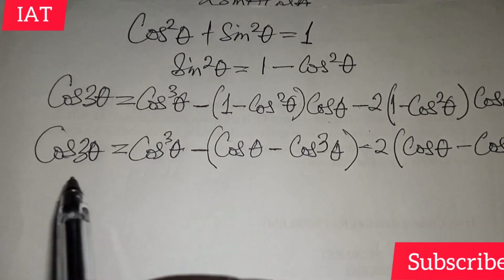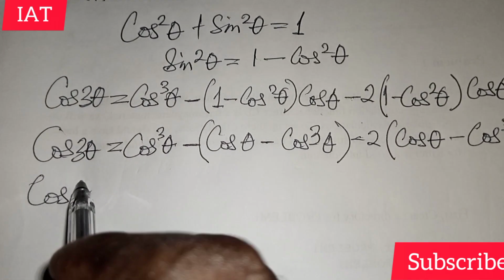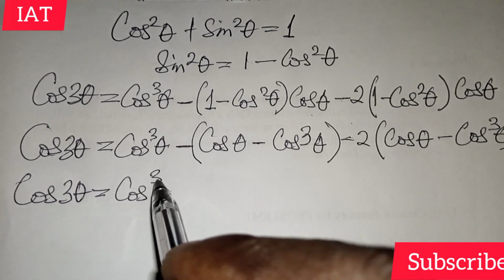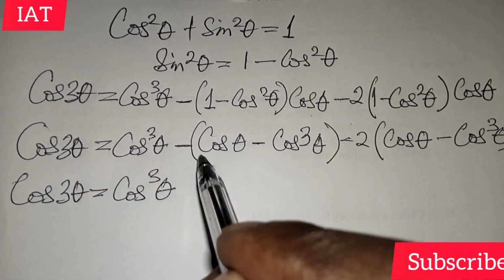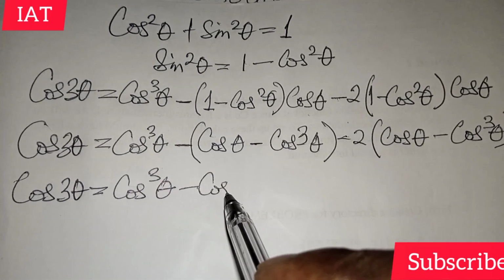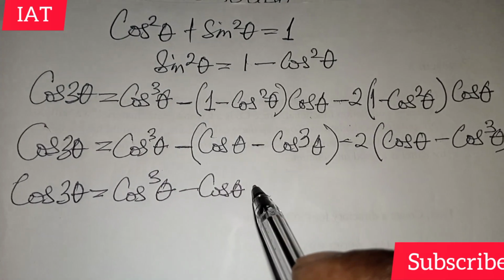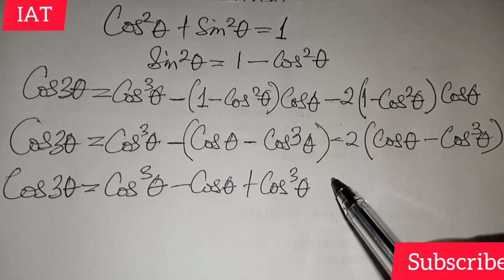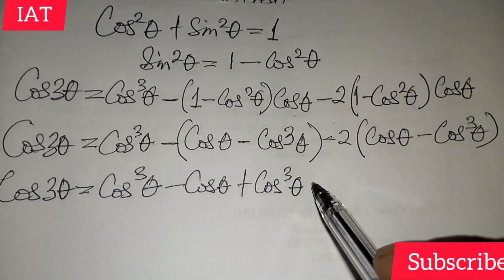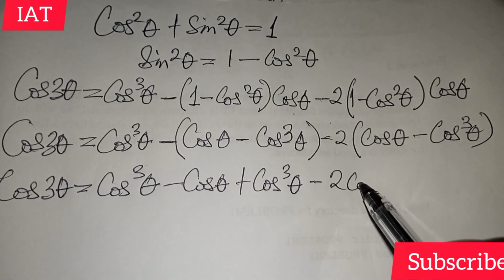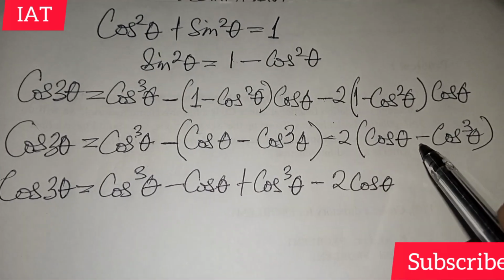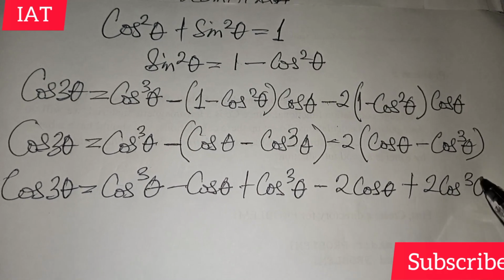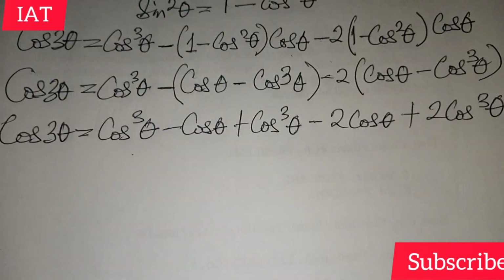Alright, so the next one will be cos 3 theta equal to cos cube theta, then we have minus cos theta, minus will affect this to be plus cos cube theta, and then minus 2 times this will give us minus 2 cos theta, and minus will affect this to be plus 2 cos cube theta. I hope this is clear.